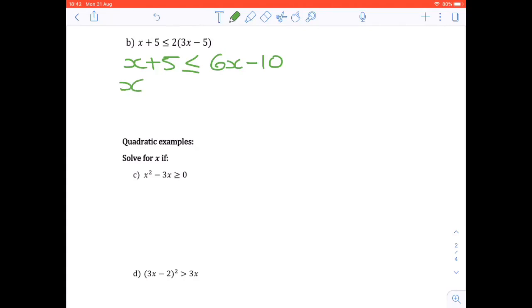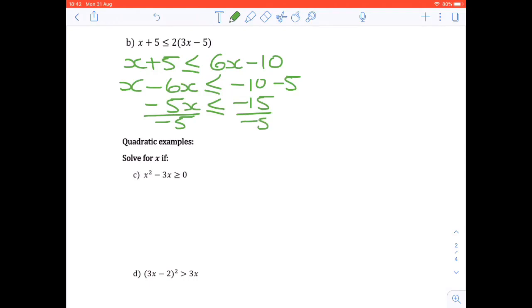So x minus 6x is less than or equal to minus 10 minus 5. Now we have negative 5x is less than or equal to negative 15. Remember, I said we want positive variables, so we're going to divide by negative 5.